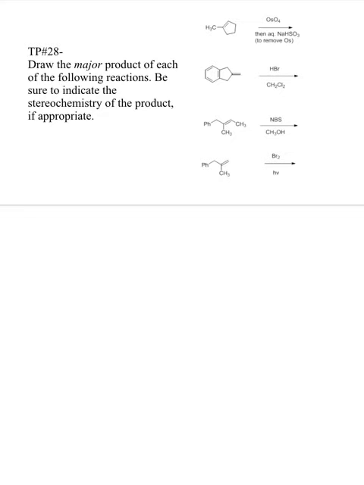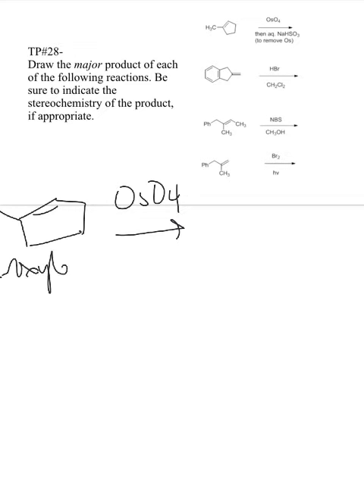This is alkenes, and these alkenes are chapter 8. This is a review of chapter 8. So the first reaction, do you all remember what osmium tetroxide does? Osmium tetroxide does a dihydroxylation.